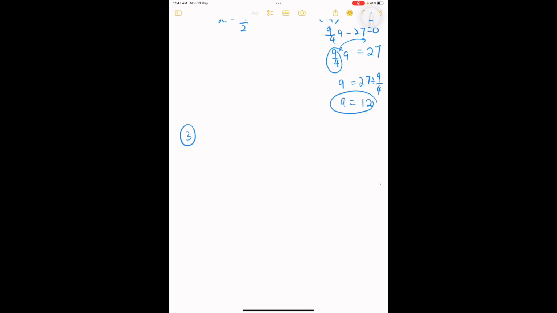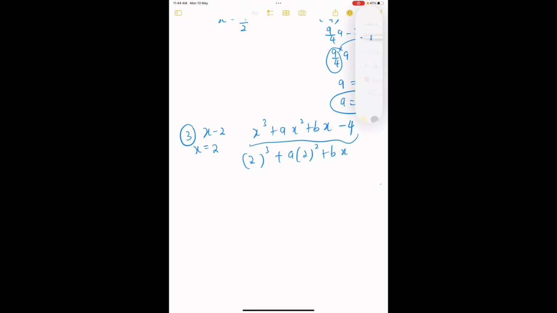So move on to number 3. Number 3 says that x minus 2 is a factor of x3 plus ax squared plus bx minus 4. So change x to 2 inside this equation, it gives you 2 cubed plus a times 2 squared plus b times 2 minus 4 equals 0.